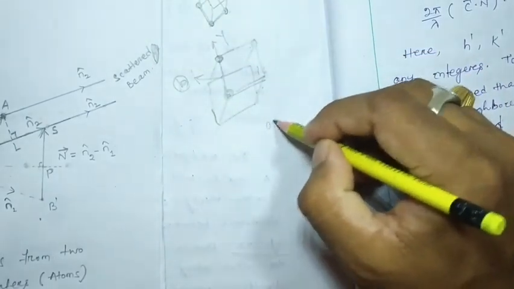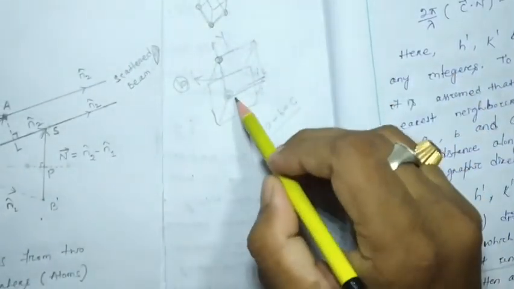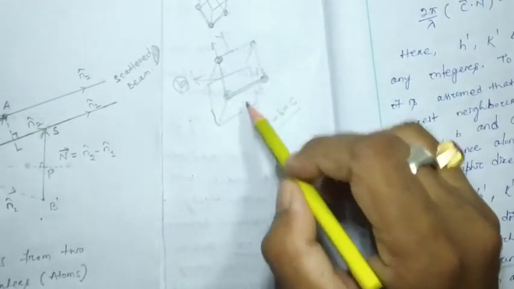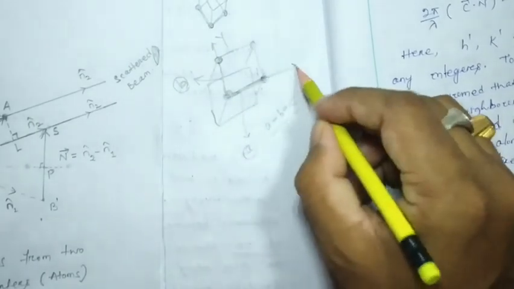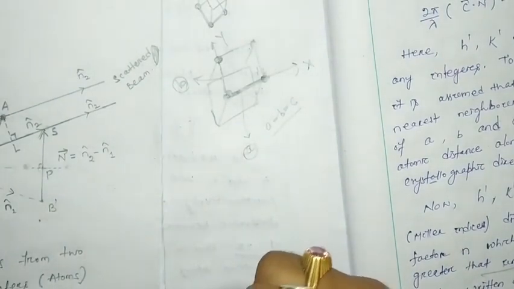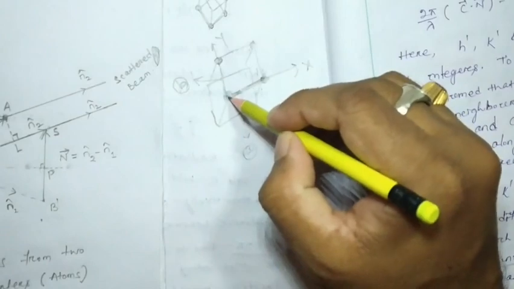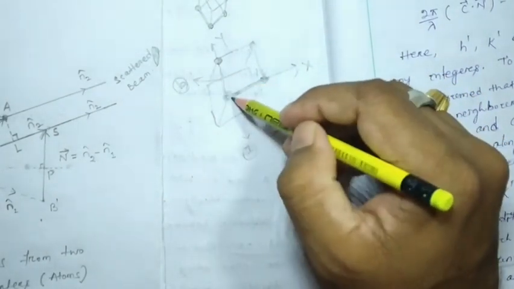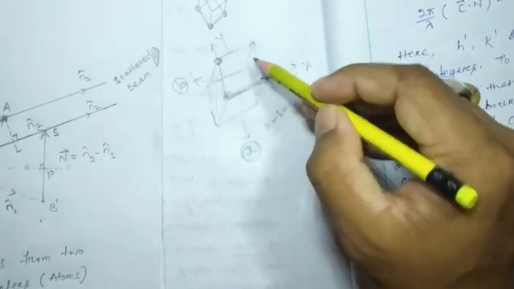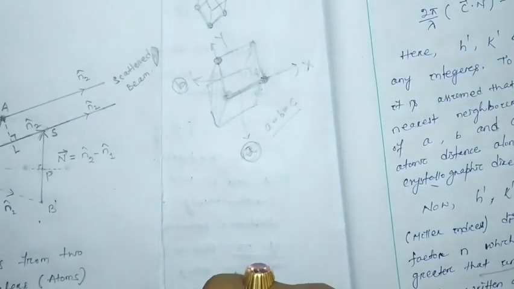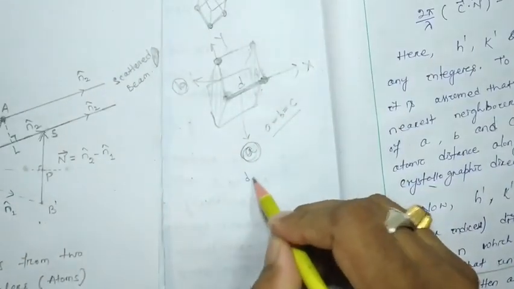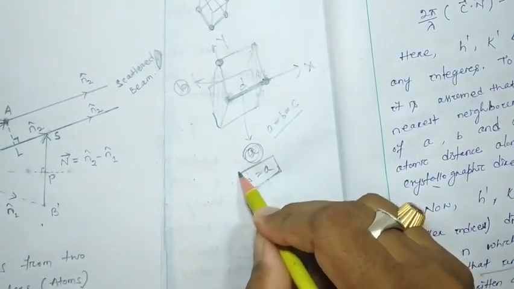If it is cubic, then A equals B equals C. Likewise, if these two atoms are along the x direction, the interatomic distance is A. If we consider this plane and this plane, the distance D between the two planes will be nothing but A.